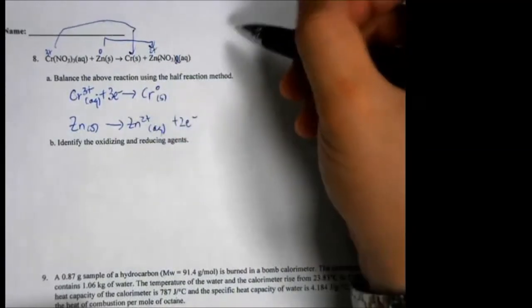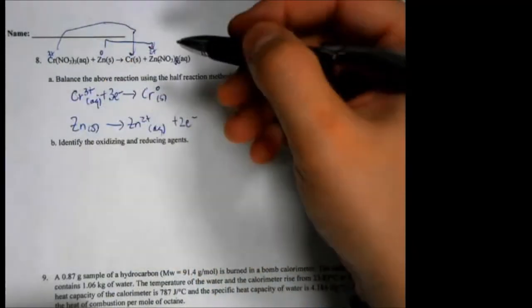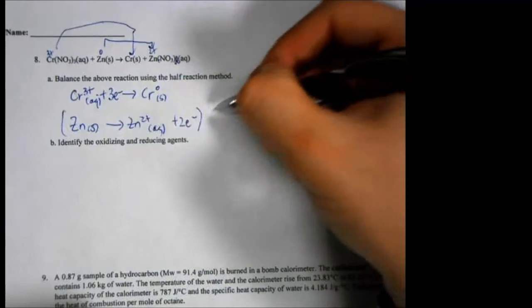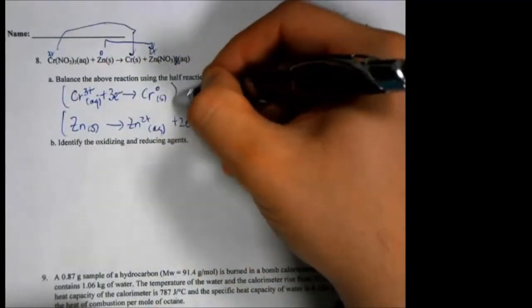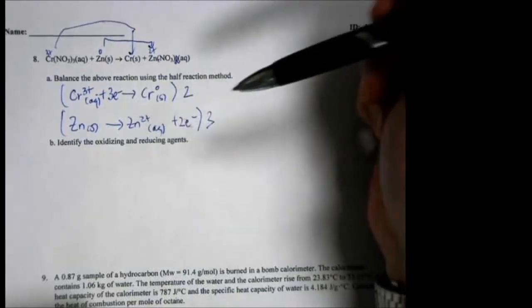Okay. So at this stage we have to balance out the number of electrons. In this case we're going to multiply this one by 3 and this one by 2, so that we have a common number of electrons, which is going to be 6 electrons.